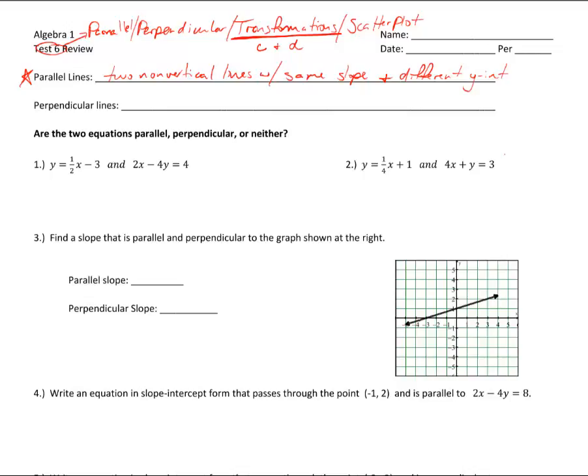Now we have perpendicular lines. Perpendicular lines are, again, two non-vertical lines with opposite reciprocal slope, or negative reciprocal slopes.